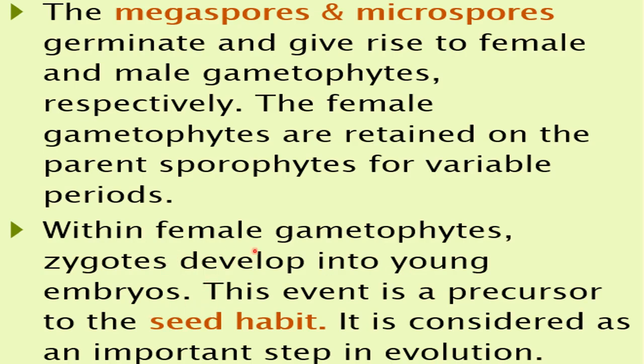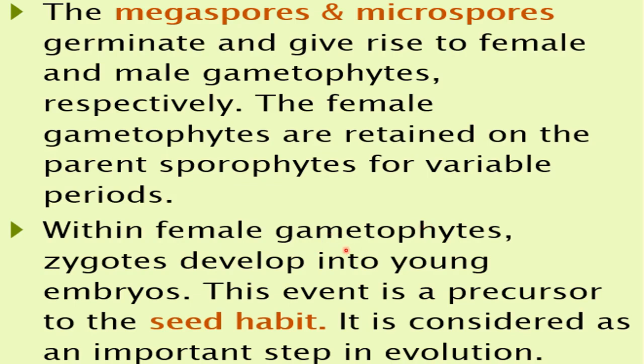Now what happened? Antherozoids which are produced inside the male gametophyte will travel through the water and will reach the archegonium, or you can say the female gametophyte, because the archegonium is present in the female gametophyte. So they will reach the female gametophyte, then fertilization will occur and the zygote will be formed.